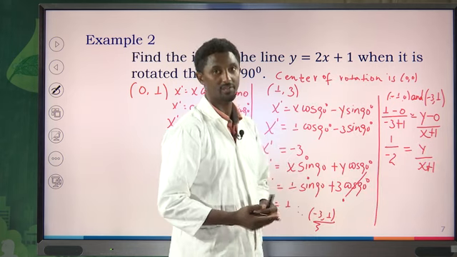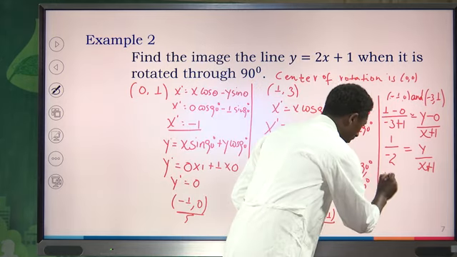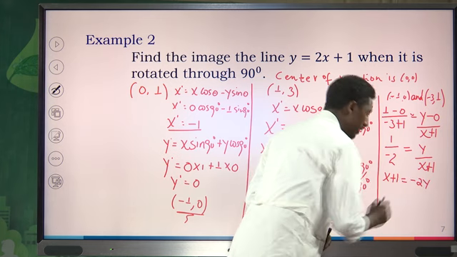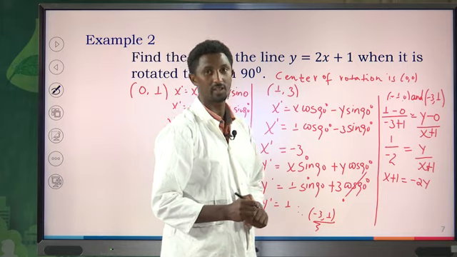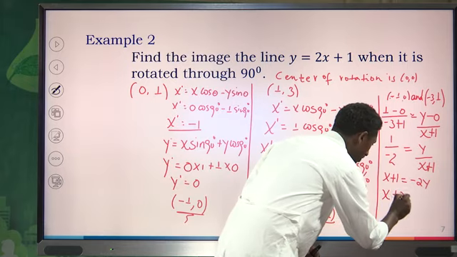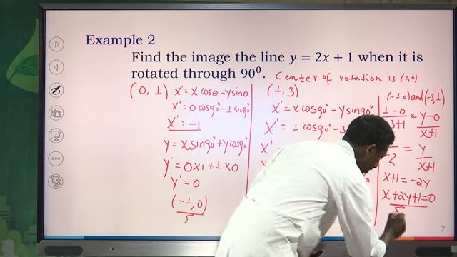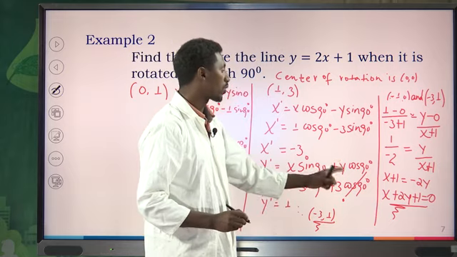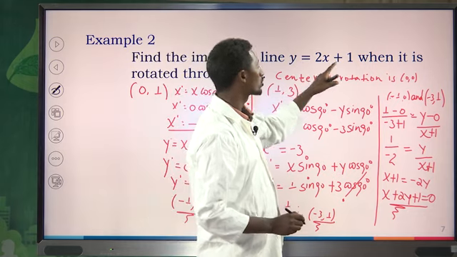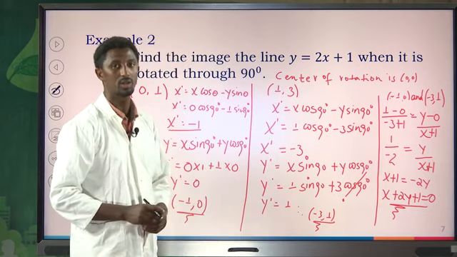Now we can rewrite further, or we can leave it as it is. Let's cross-multiply, so x plus 1 equals minus 2y. If we need to write it in the standard form of the equation of a line, we can rewrite it as x plus 2y plus 1 equals 0. So x plus 2y plus 1 equals 0 is the image of the line y equals 2x plus 1 when it is rotated through 90 degrees about the origin.